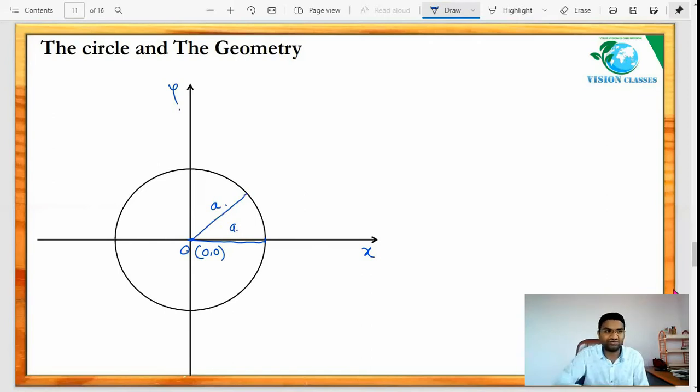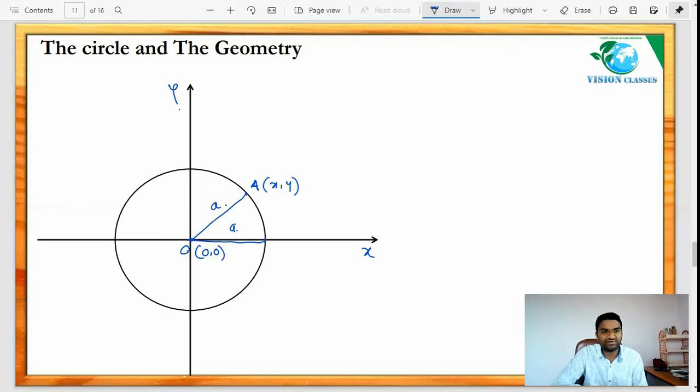Now, if you want to find the equation of the circle, you just need to find the x coordinate and y coordinate, right? Means here, if you take any point on the circle, x comma y, then you can easily find the equation of the circle, isn't it?